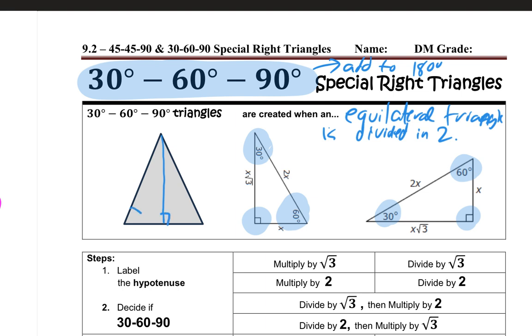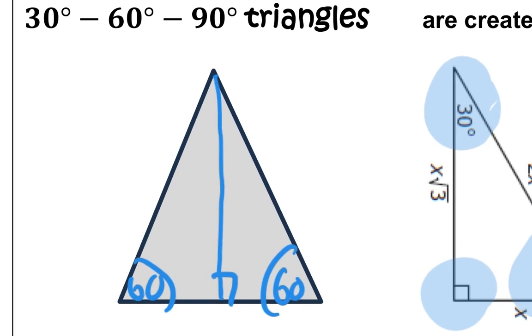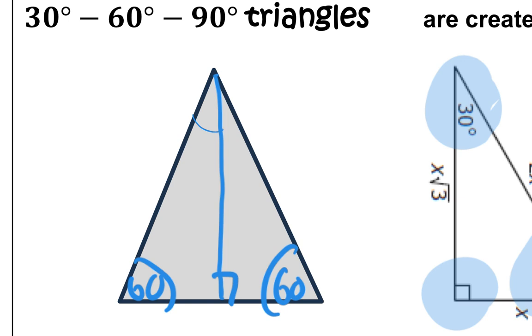Well, if we said it was equilateral, that means that's 60, right? If we're cutting this in half, let's think about that. If we cut that in half, now each one of those is going to be 30, and that's 30, because we said it was equilateral. That was 60, that was 60, this was 60. That cuts that into 30. Well, now we have a 30, 60, 90 special right triangle.